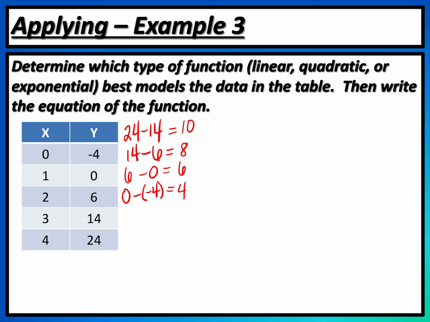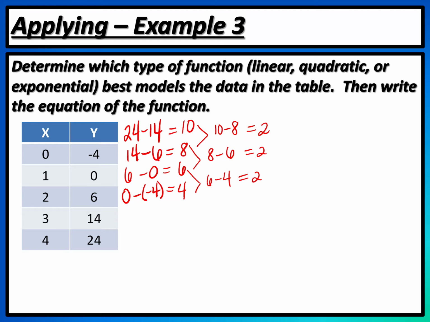Okay, so we're going to do each of these from each other now. Okay, so 10 minus 8, 8 minus 6, 6 minus 4. Okay, and these you want to pair up the way that they're written, just how I did here.